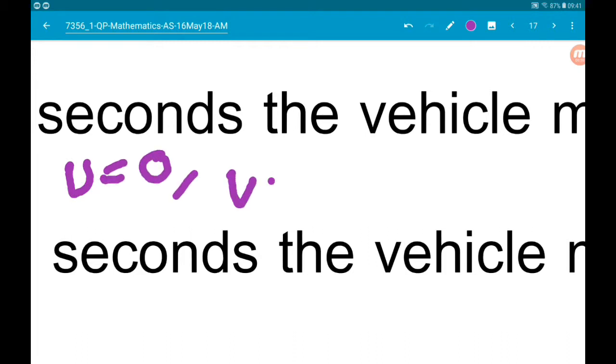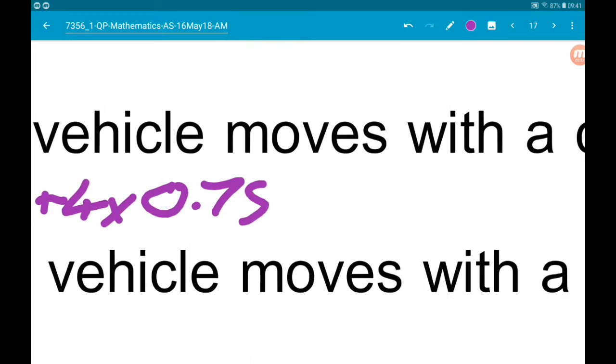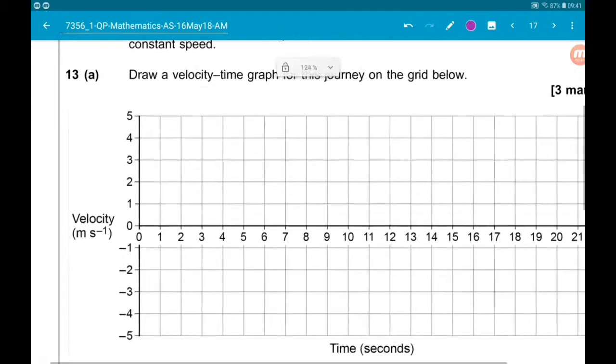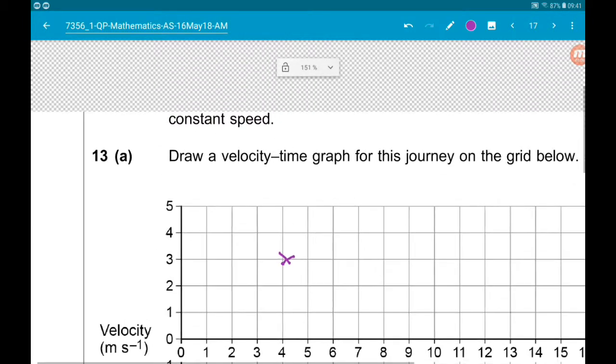So v is 0 add 4 times 0.75, and that's going to give us 3 meters per second. So our first point to plot is 4 seconds along with a velocity of 3. So that point there.